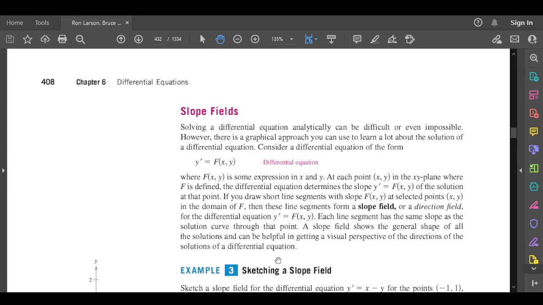Okay, now for the slope fields. Solving a differential equation analytically can be difficult or even impossible. So if we only use our hands to solve the differential equation, it becomes quite difficult. However, there is a graphical approach you can use to learn a lot about the solution of the differential equation.